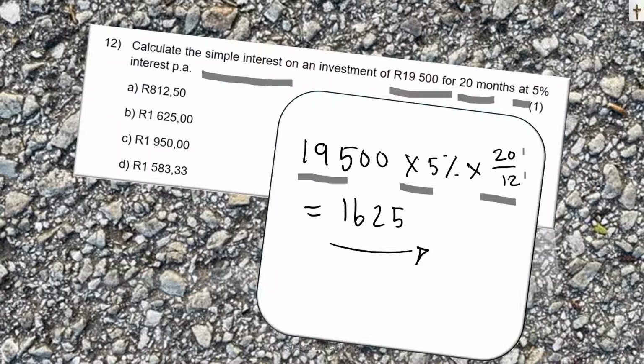You use your methods. 19,500 times 5% times 20 over 12 is equal to 1625. So the answer is B. The simple interest on this investment is 1625.